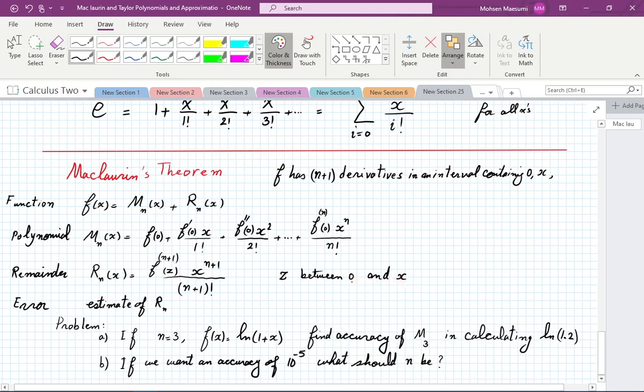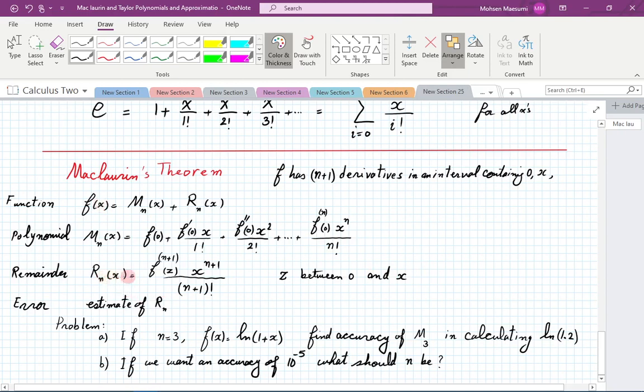So what Maclaurin says is that the gap you see, the error that you see, is always equal to such a term. The only thing is that we don't know where this z is. If we knew, we would be almost done, but typically we don't know where it is, except that we know it's between the origin and the point at which you are evaluating the function.